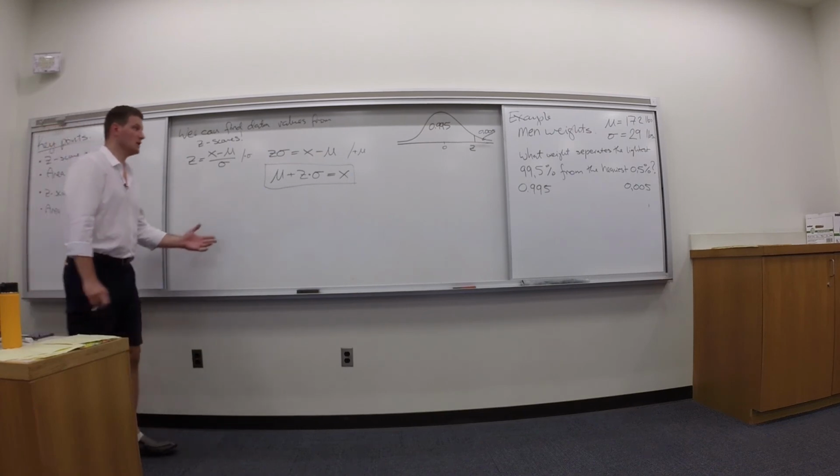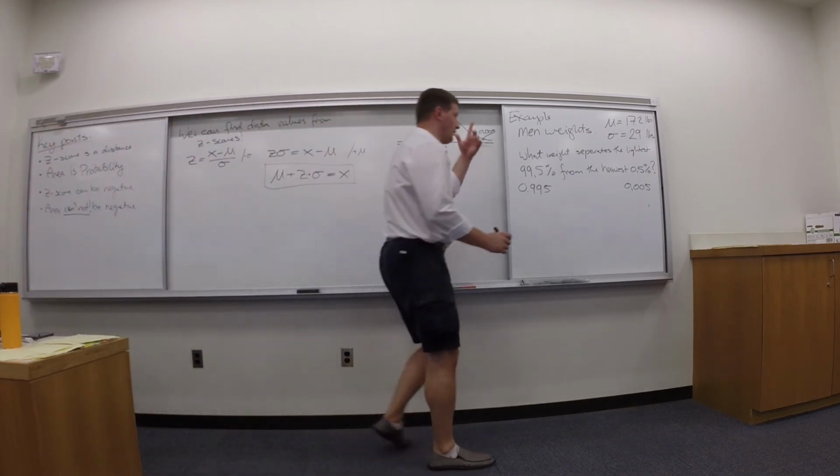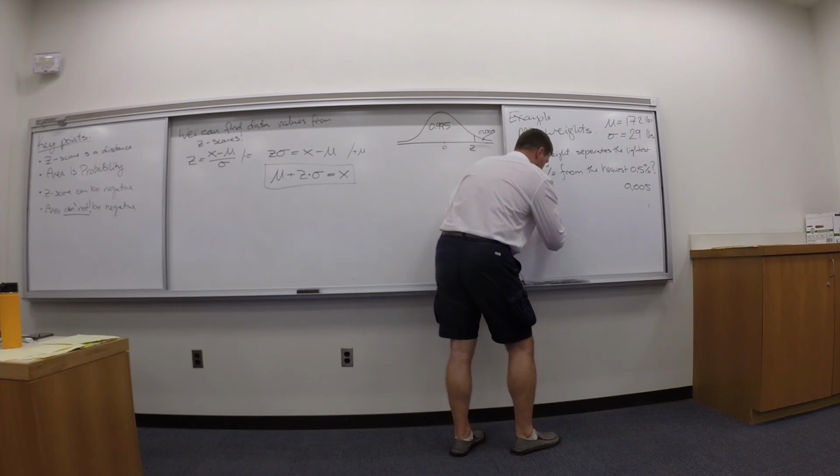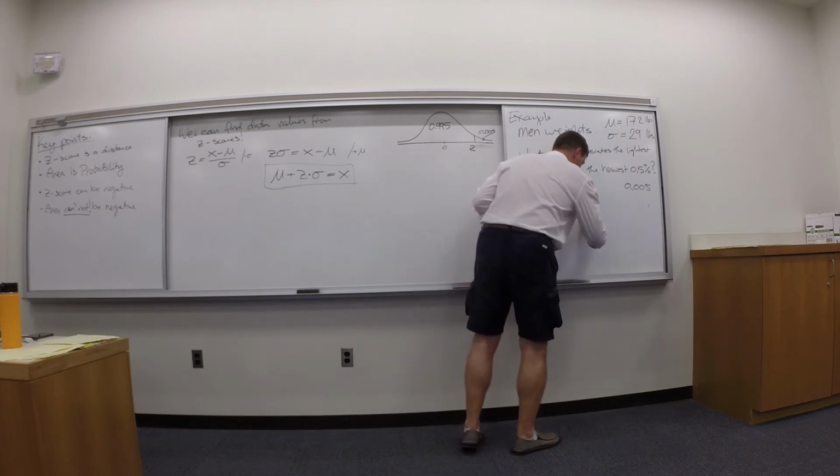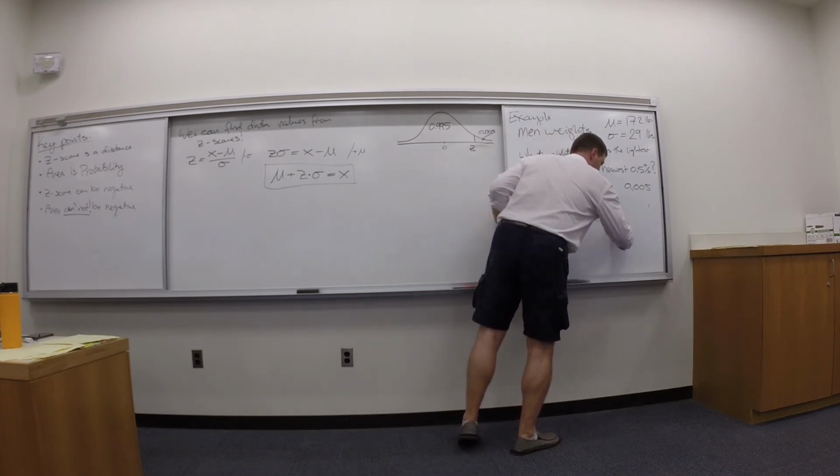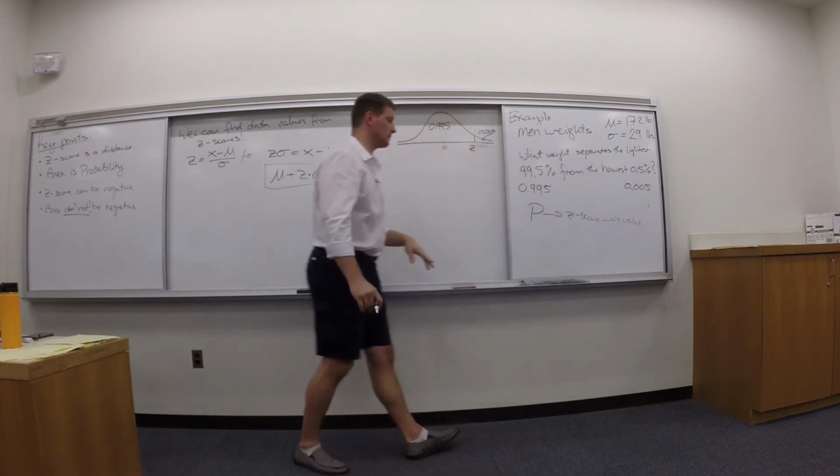If you want an x value, we need to go from probability to a z-score to an x value. That's the step.